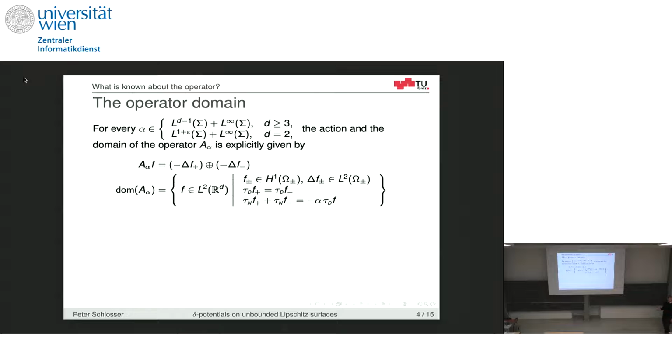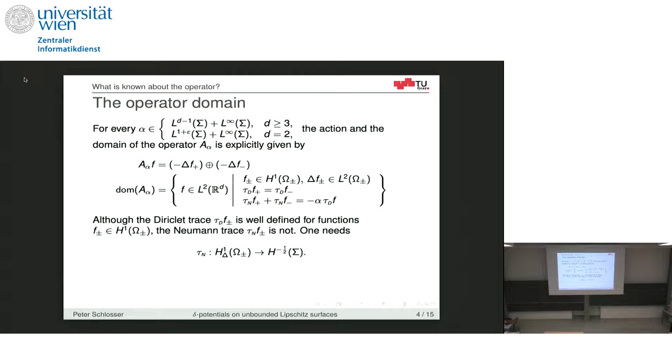And why do I restrict myself here to the hyperplane? It is this problematic Neumann trace, which is not so clear how to define for non-smooth surfaces. For example, we have only F plus minus in H1, and the Laplace in L2. But normally the Neumann trace should have an H^s with s larger than 3/2, and this is not the case here. So this additional Laplace gives us this space here.